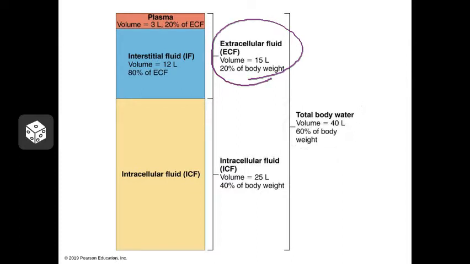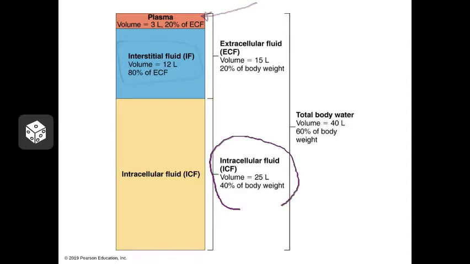And most of the extracellular fluid is interstitial fluid between the cells, with only about 3 liters of plasma being part of the extracellular fluid. By far, 2/3 of the total body water is inside your cells, intracellular fluid.